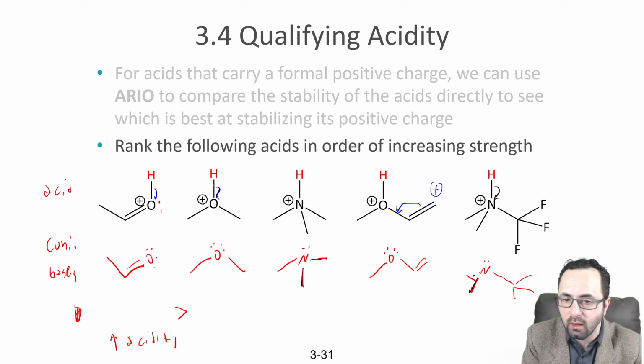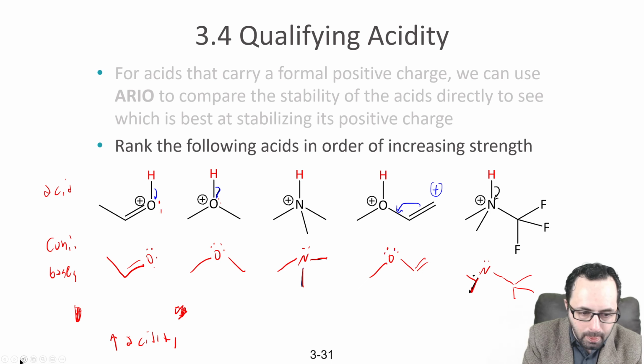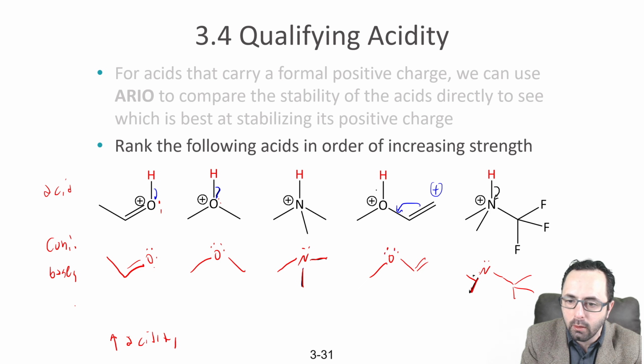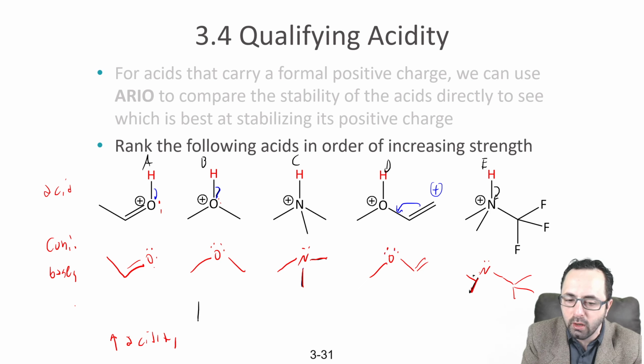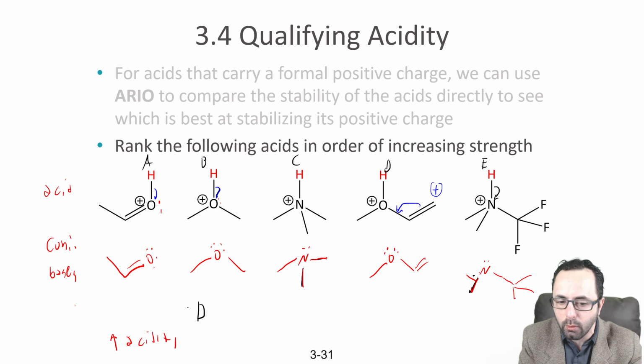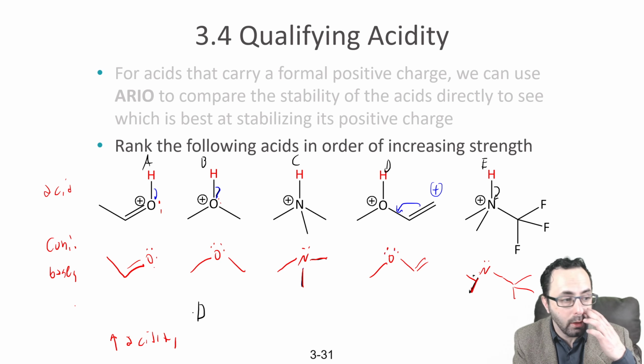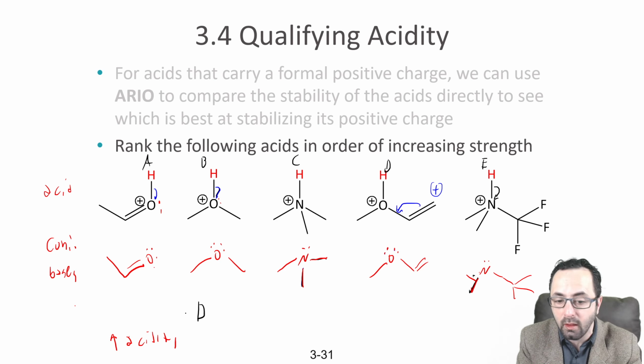And so it says increasing acidic strength. So I'll put this on the right. So increasing acidity. All right. So this one right here, I'm going to label these A, B, C, D. So the structure here that I'm calling D, it's going to be the most acidic.